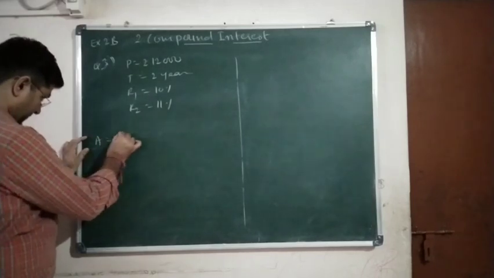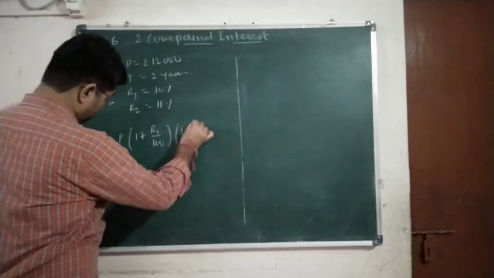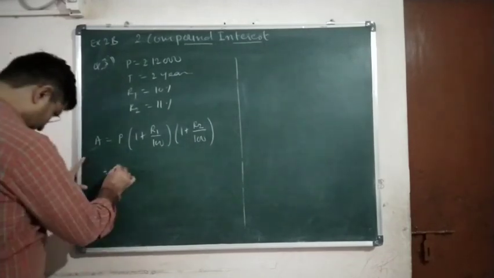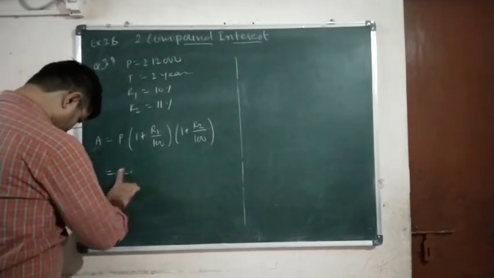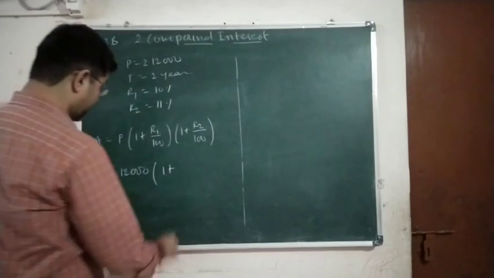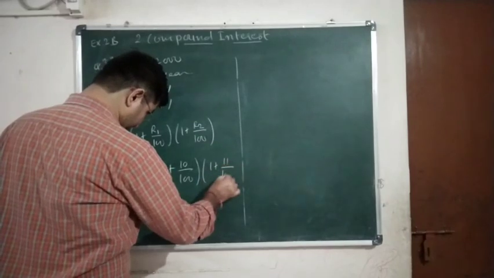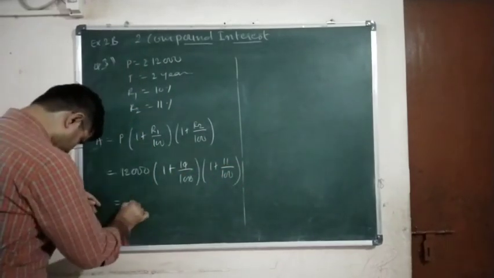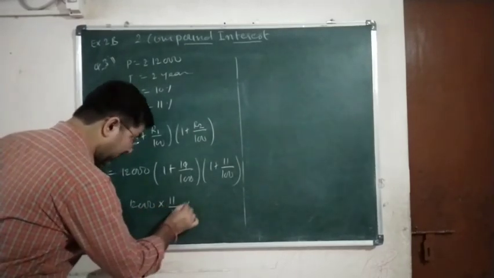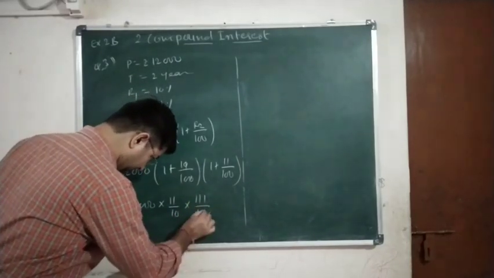Amount A is equal to P into (1 plus R1 upon 100) into (1 plus R2 upon 100), which is equal to 12,000 into (1 plus 10 upon 100) into (1 plus 11 upon 100). So 12,000 into 11 upon 10 into 111 upon 100.